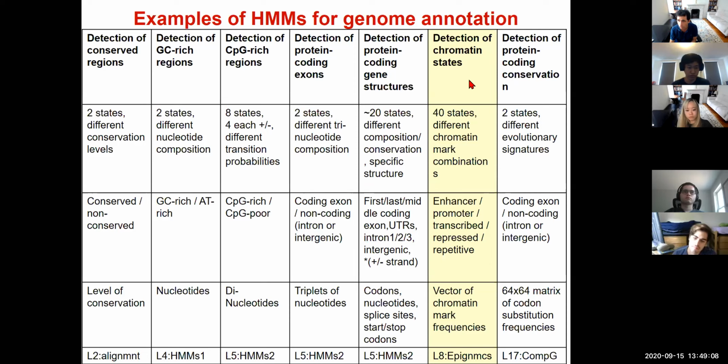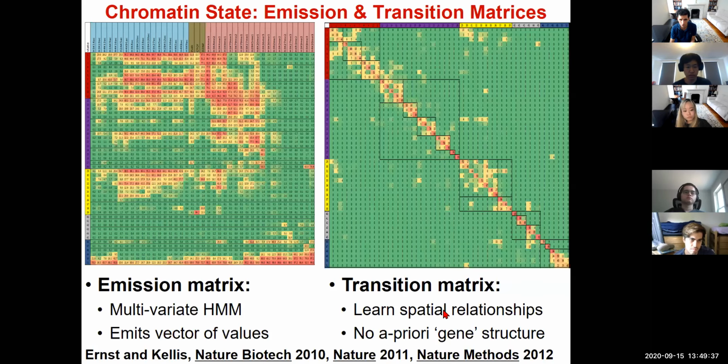For example, my own postdoc, Jason Ernst, developed this chromatin state hidden Markov model for detecting different epigenomic signatures using chromatin mark combinations, and therefore inferring hidden states like enhancers, promoters, transcribed regions, repressed regions, and repetitive regions, based on the vector of chromatin mark frequencies in each of those in the genome.